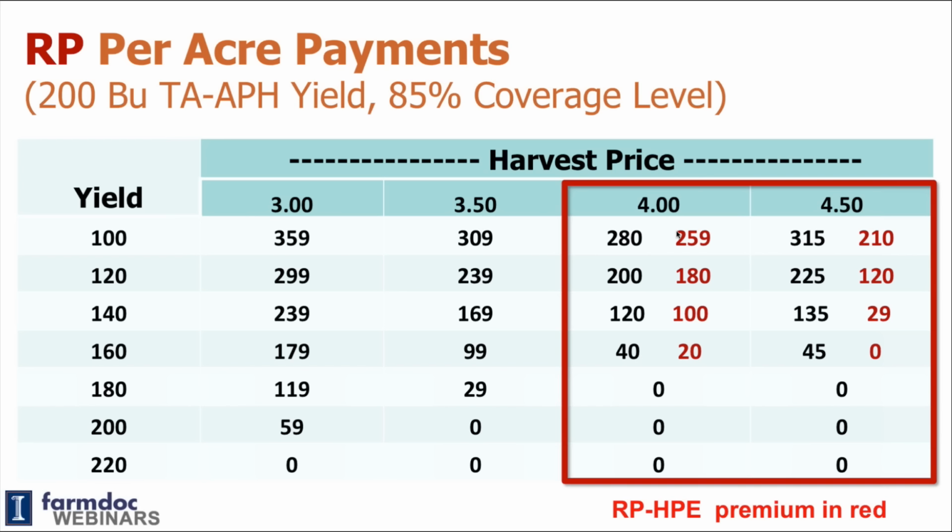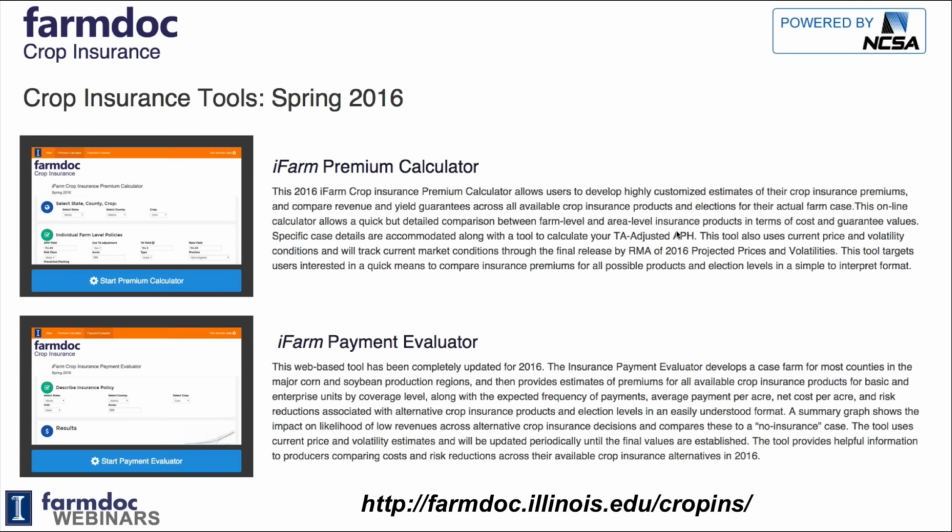There could be payments in those cases. So the caveat here, and again, showing RP with HPE, they will differ from RP when we have harvest prices above the projected price.